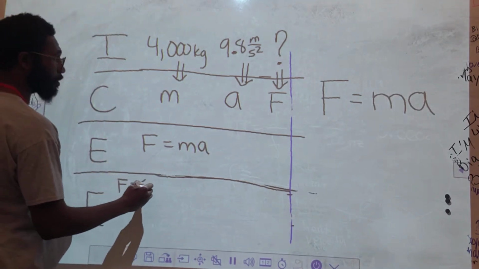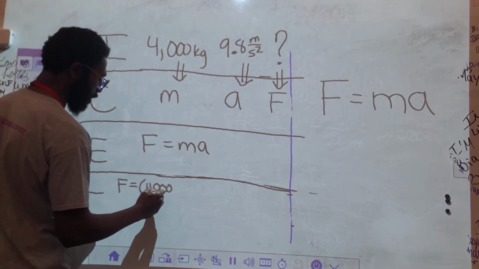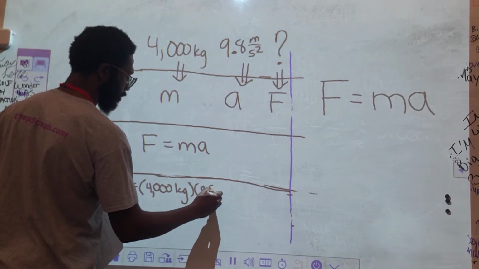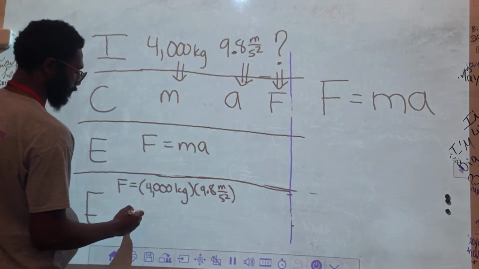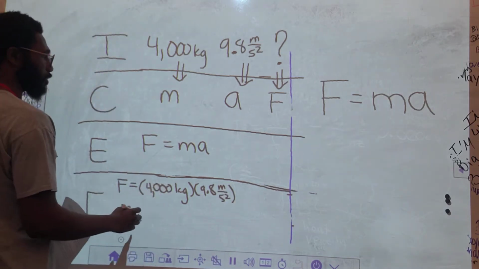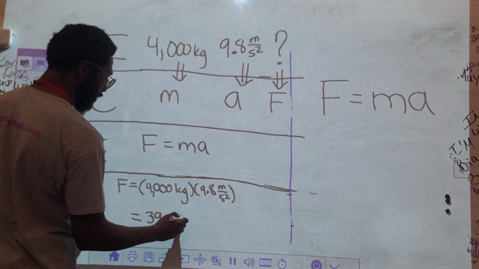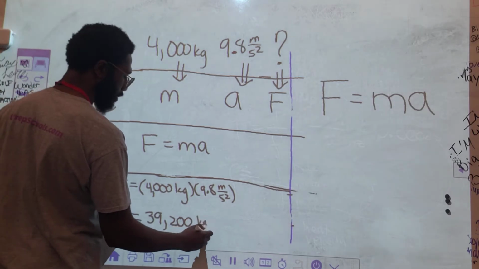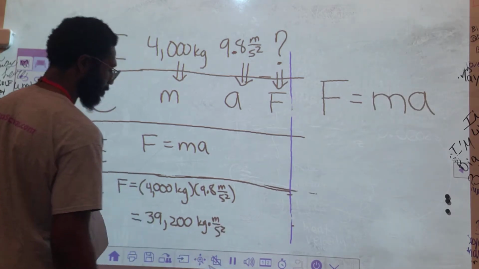Force equals 4,000 kilograms times 9.8 meters per second squared. When we multiply those numbers straight across, we get 39,200, and our units are kilograms times meters per second squared, okay?